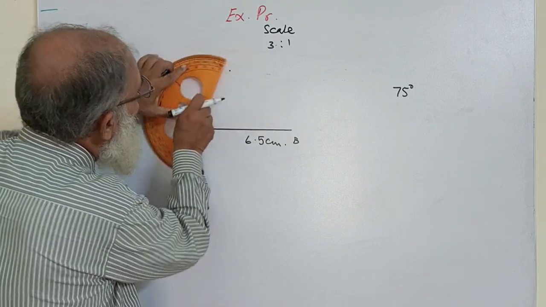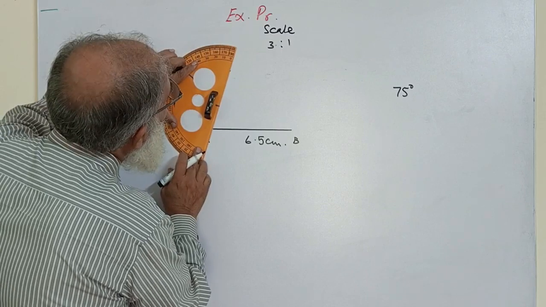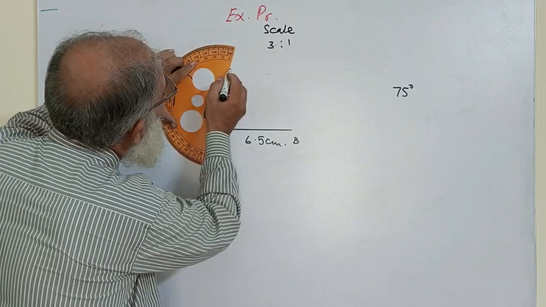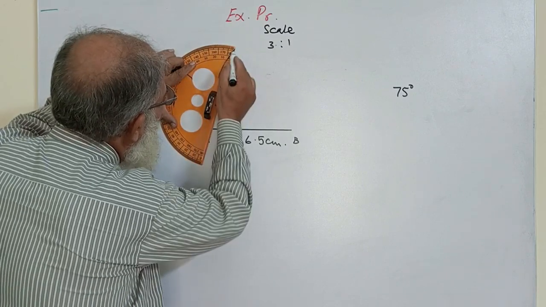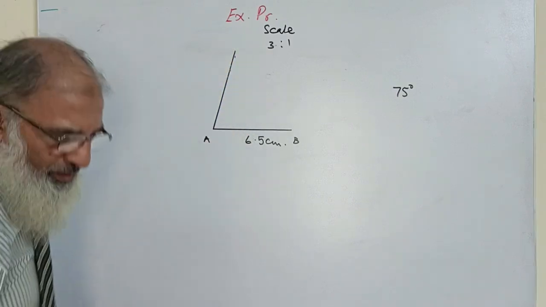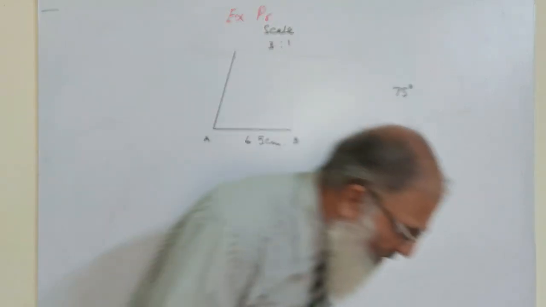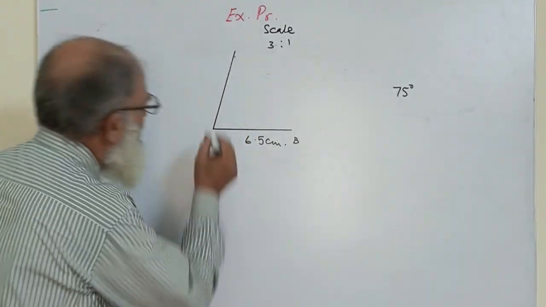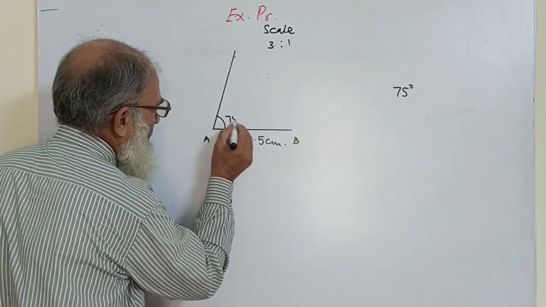We'll just mark a point over here, and this is 75 degree. You can write 75 degree over here.